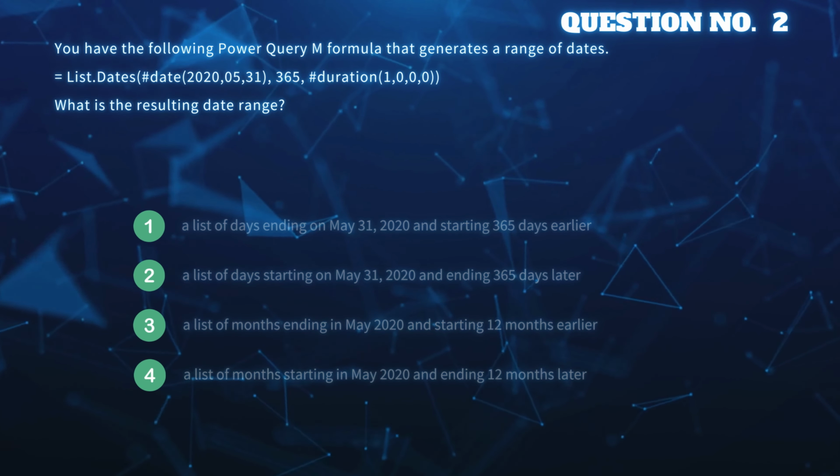Option 2. A list of days starting on May 31, 2020 and ending 365 days later. Option 3. A list of months ending in May 2020 and starting 12 months earlier. Option 4. A list of months starting in May 2020 and ending 12 months later.